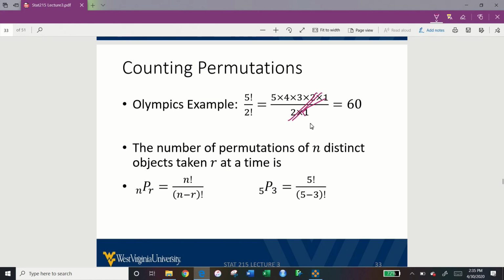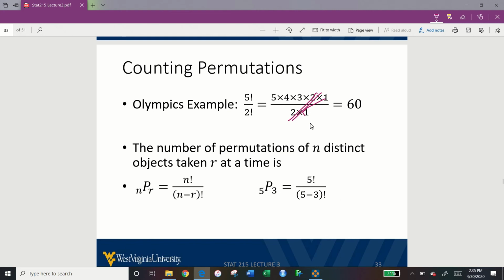At this point we can be introduced to the formula for permutations. The number of permutations of n distinct objects taken r at a time is nPr, kind of like the radio show, which equals n factorial over the quantity n minus r factorial.